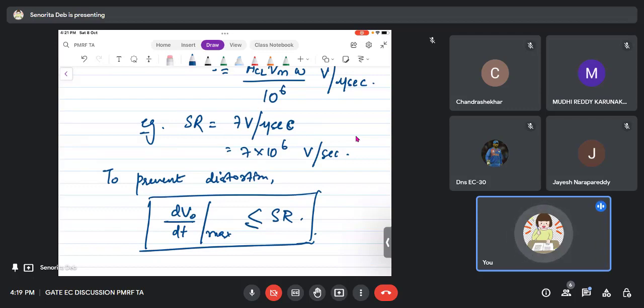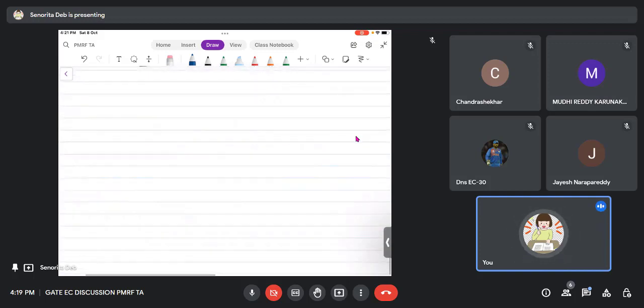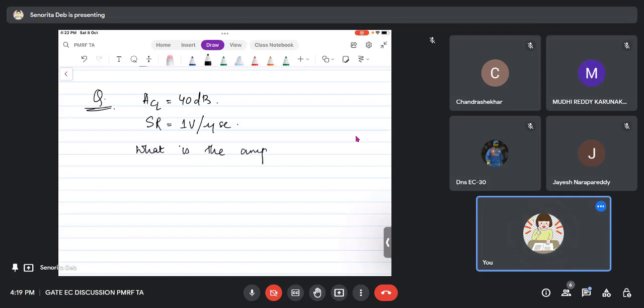Now suppose I have a question. The closed loop gain of an op amp is 40 dB, and the slew rate is 1 volt per microsecond. What is the amplitude of the input sine wave to prevent distortion?